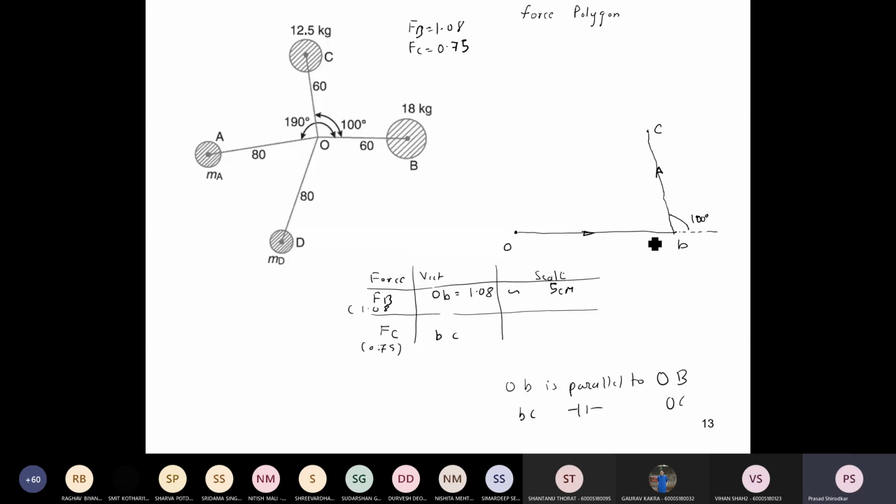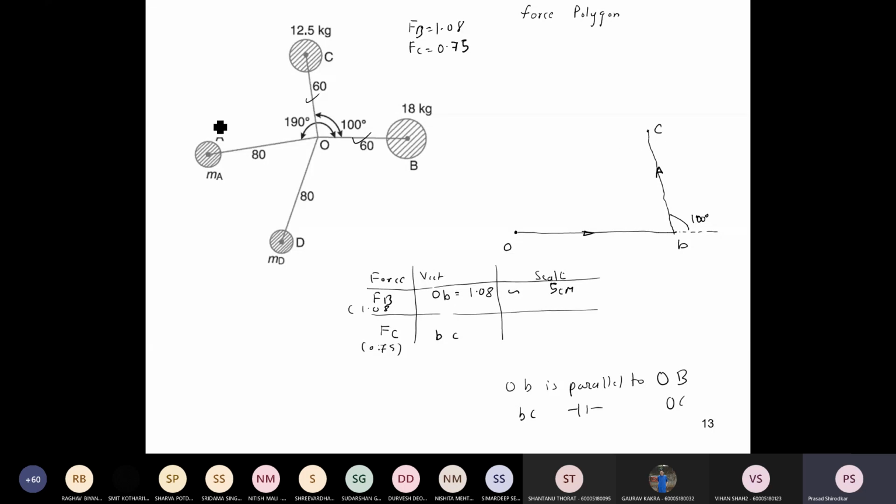Now you have OB and BC. Now you have to locate the point D. So OB and OC is done. So next you have to draw OA, right? So that you have to draw from C. Alright.